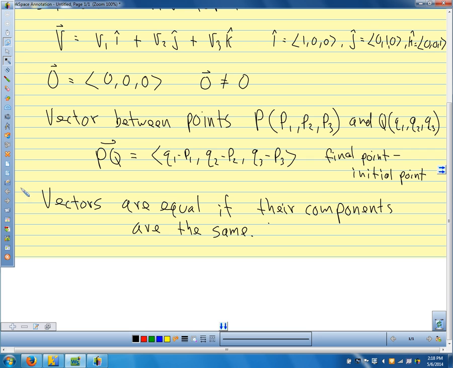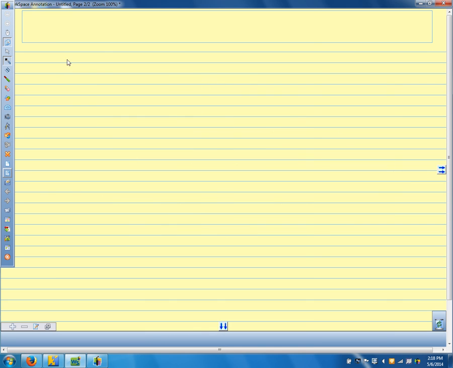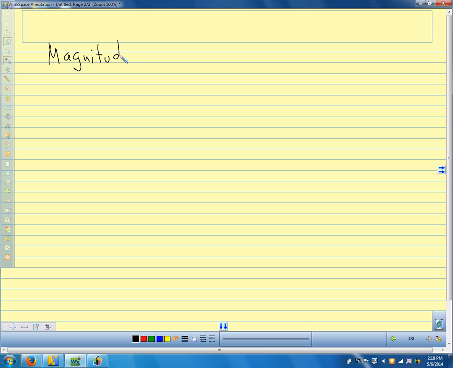All right, magnitude or length. We're going quickly through these things because we've talked about all of them before. We can talk about the magnitude, or the length, of our vector v, which in component form is ⟨v1, v2, v3⟩.